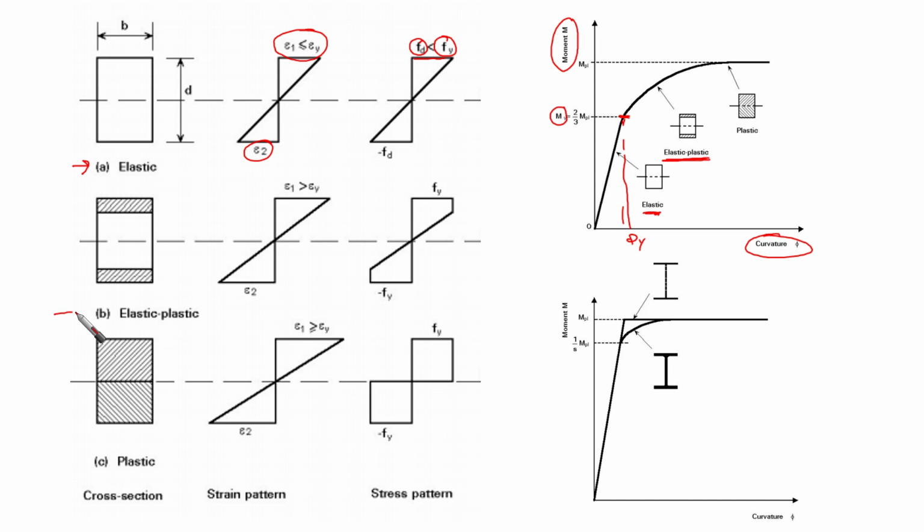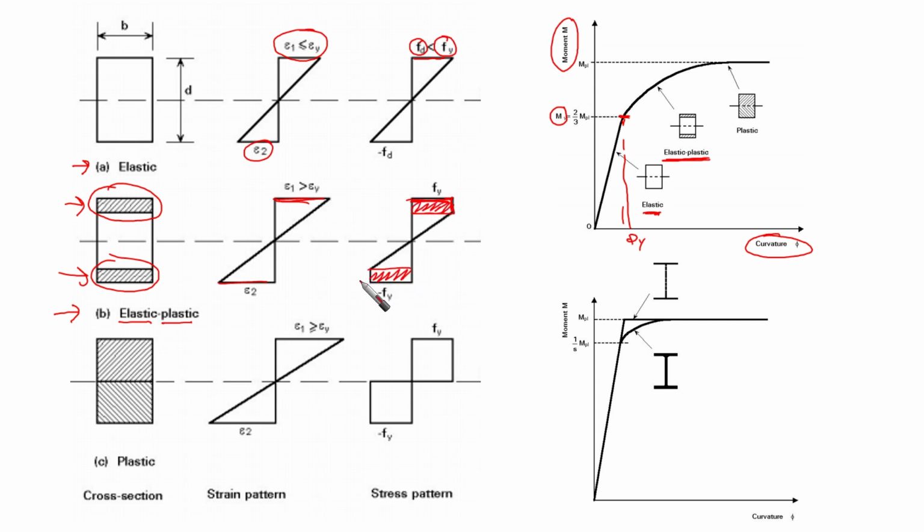This is stage B here. We find that the fibers at the top and bottom are yielding. They are already reaching yield because the stresses there are high, right?